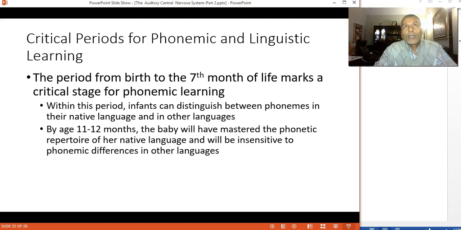Their networks become specialized. They become dedicated to their native language. As a result, they don't have energy to focus on other languages. They perceive other languages just as noises, and they become insensitive to phonemic differences in other languages. So that is one major landmark.